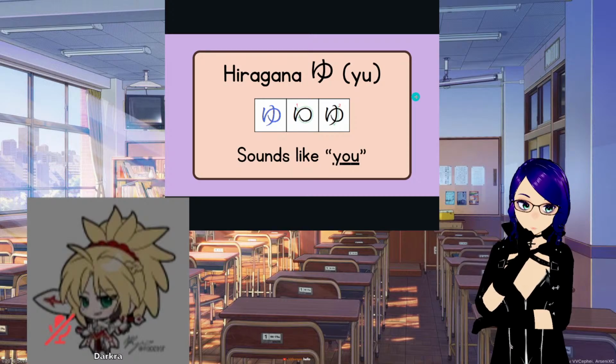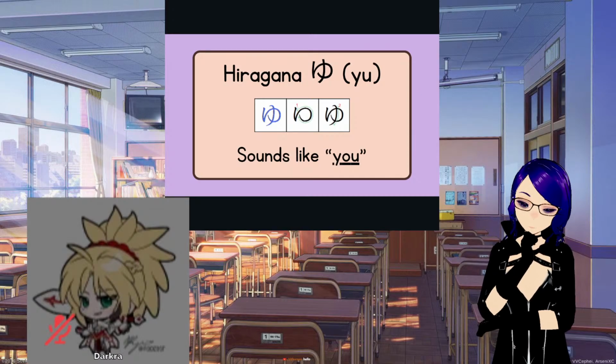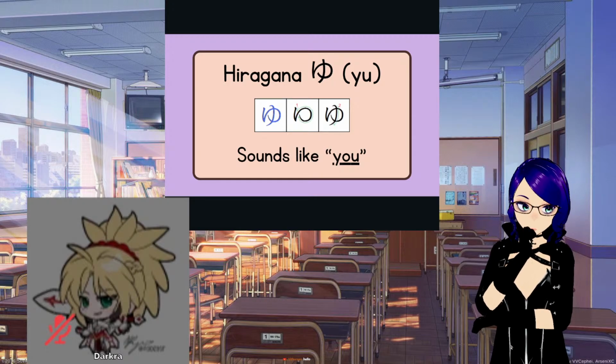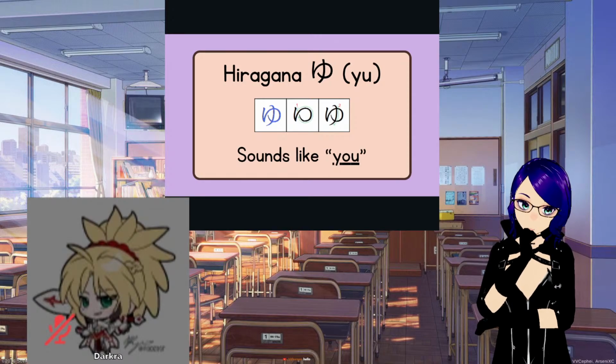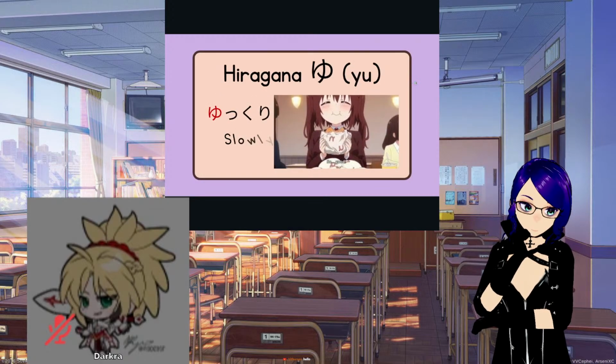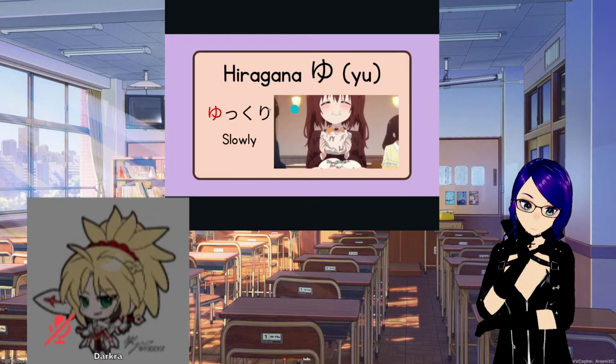Okay, the next one in the character over here, this is yu. Again, I want to say that I don't write it like this, but it sounds very similar to the English word as in you and me, you. So some words. Right, the first one here, yukkuri. If you see this one, I want to point out, this little thing is a tsu.